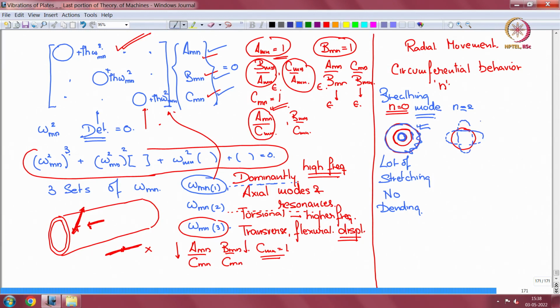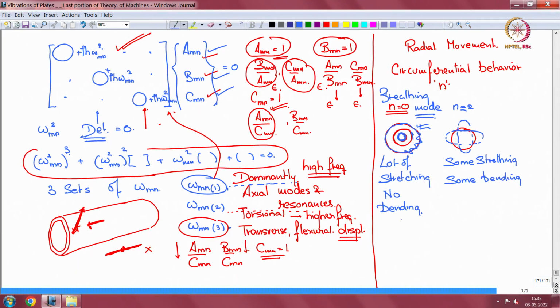So you can see that there is some stretching and some bending. The shell element is flexing a little bit and stretching a little bit.